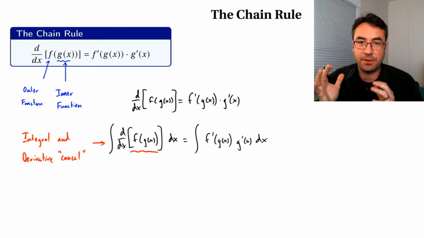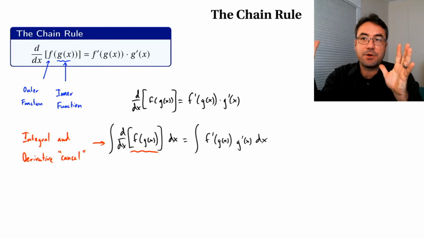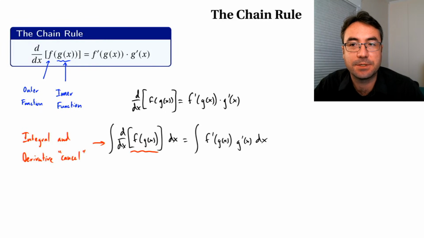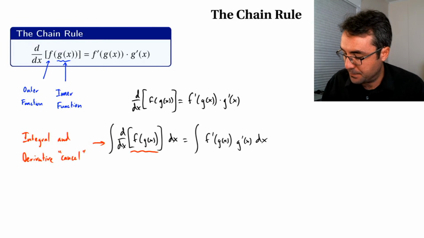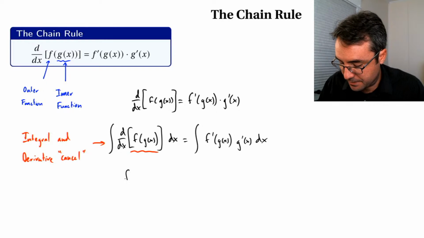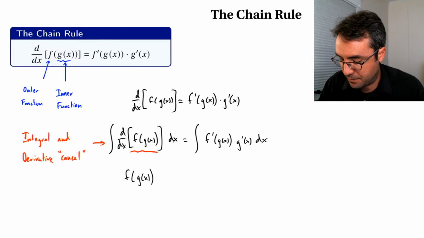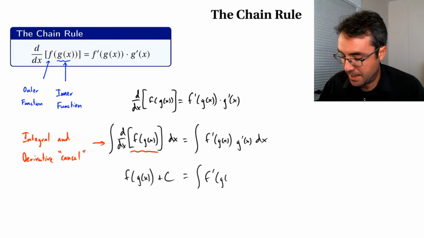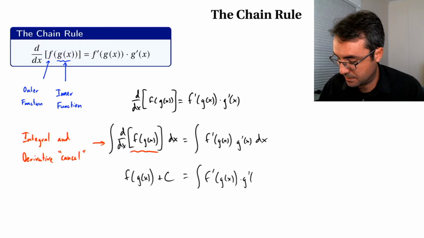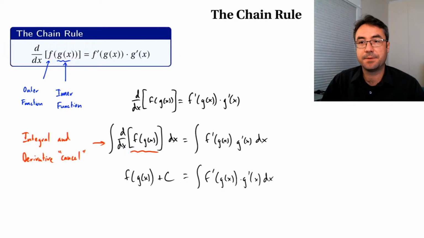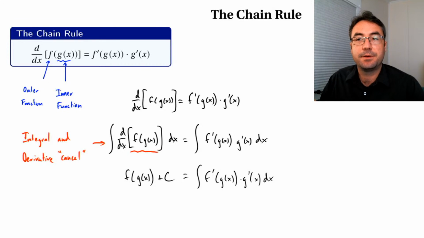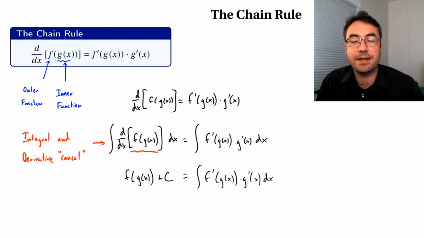On the left, everything is being differentiated, so we can cancel. And when we do that, we get f of g of x plus c on the left, and then this integral on the right. And this is basically what the substitution rule is going to say: we can calculate that integral on the right, and it confirms that we should get that answer, f of g of x, on the left.